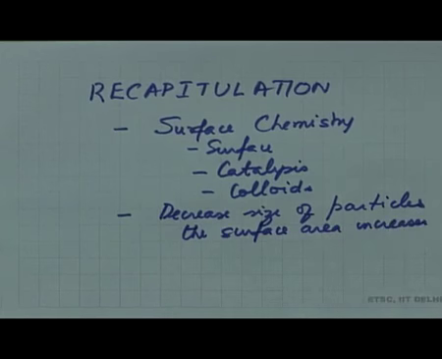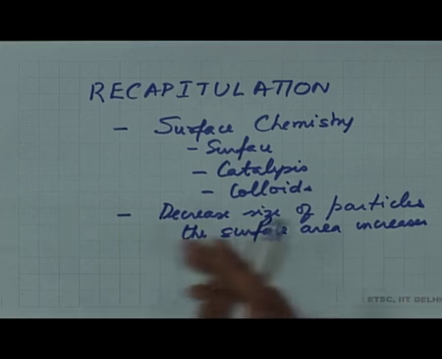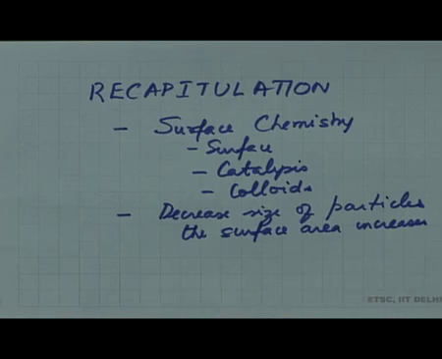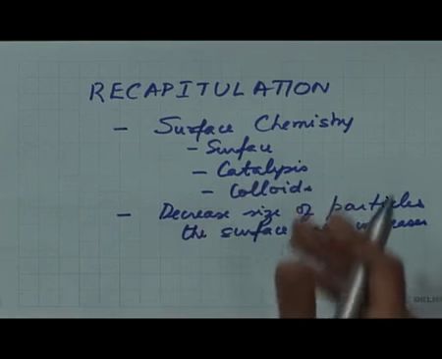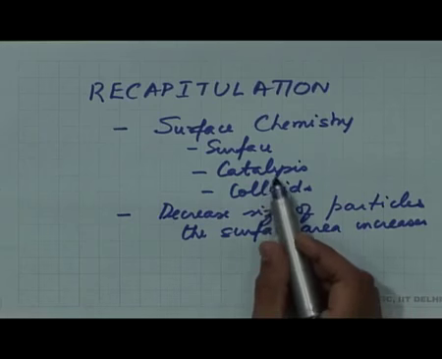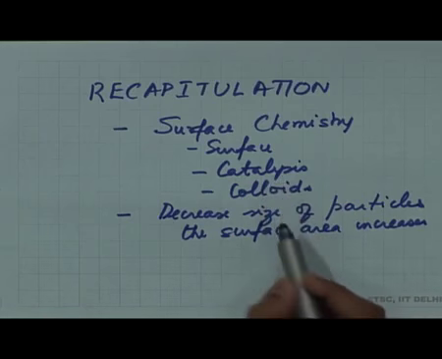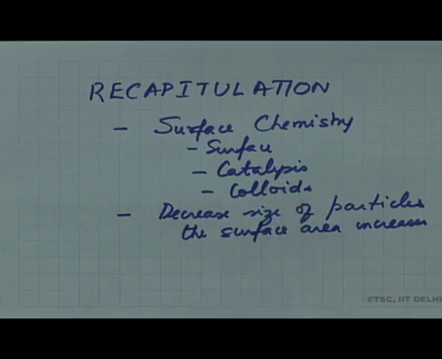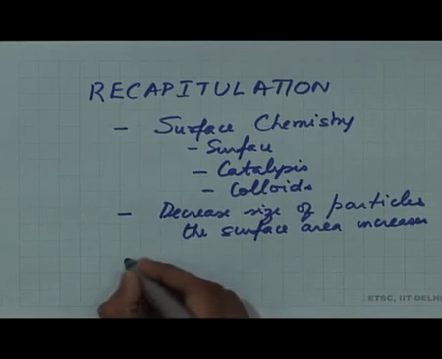We took the case of a cube and then kept subdividing it into smaller and smaller cubes, and then we showed that as the size decreases, the surface area increases. So, as the particle size goes down from macroscopic to where we are looking at heterogeneous catalysts or colloids, we are going to see very important phenomena happening on surfaces.